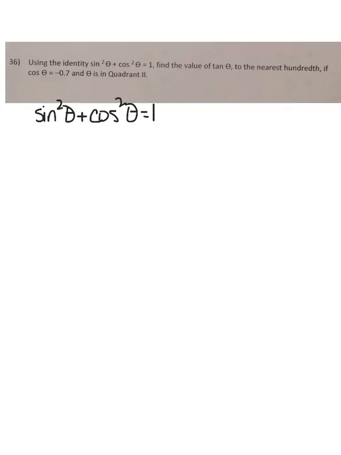All right, this is similar to the first number 36, so I'm just going to start by plugging in the cosine value. So I have sine squared theta plus negative 0.7, I'm squaring that, and that equals 1.